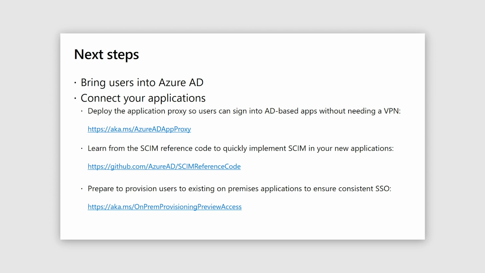If you're building new applications, we have SDKs for adding authentication to those apps. We also have code to use SCIM for automating provisioning and deprovisioning into your apps as well. And if you have existing on-premises apps, check out how you can also then provide provisioning to existing apps using their provisioning protocols in addition to the new standards like SCIM.